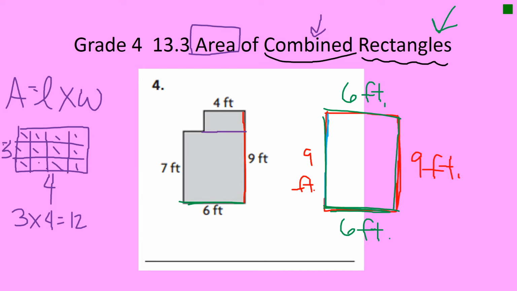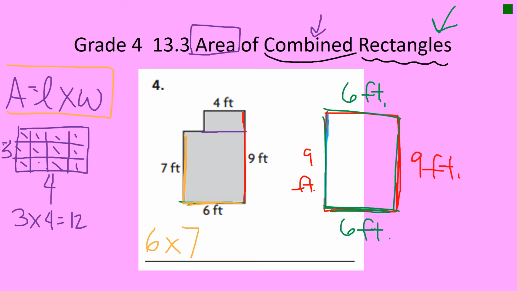Okay, so let's look at these 2 rectangles. There's one at the top and one at the bottom. I'm going to look at the big one on the bottom first, okay? So if area is length times width, one of the dimensions is 6, and the length is 7, okay?